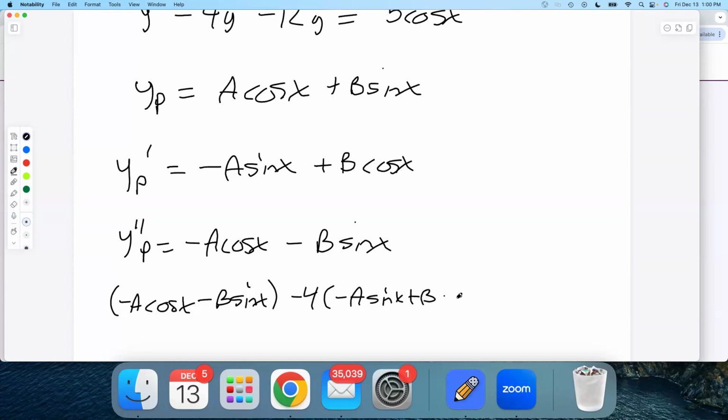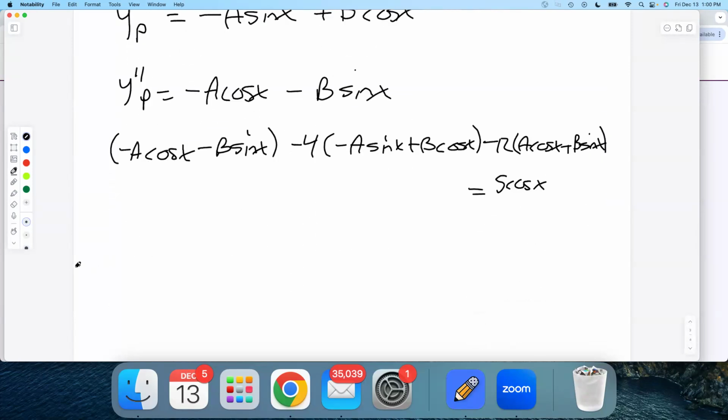Where you're going to mess these up is messing up a sign. Minus 12 times this guy, the original. And that's all supposed to equal the other side, 5 cosine of x.